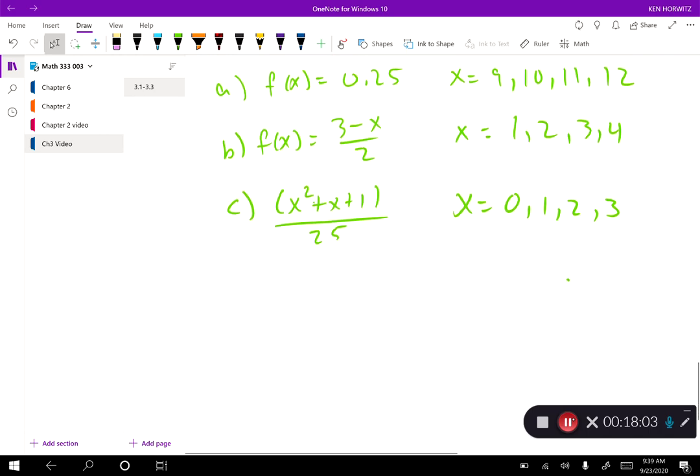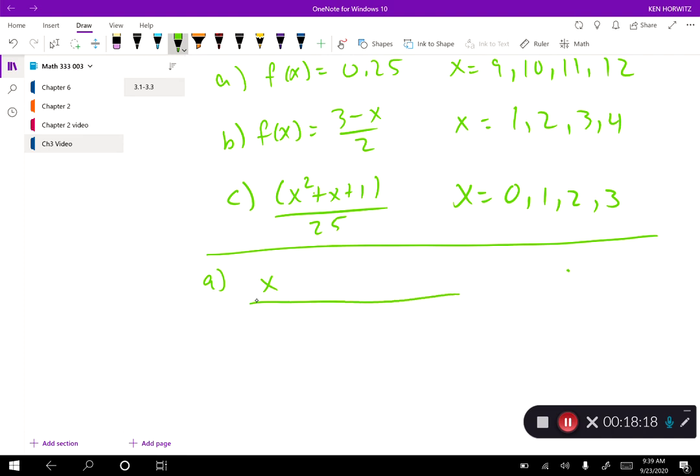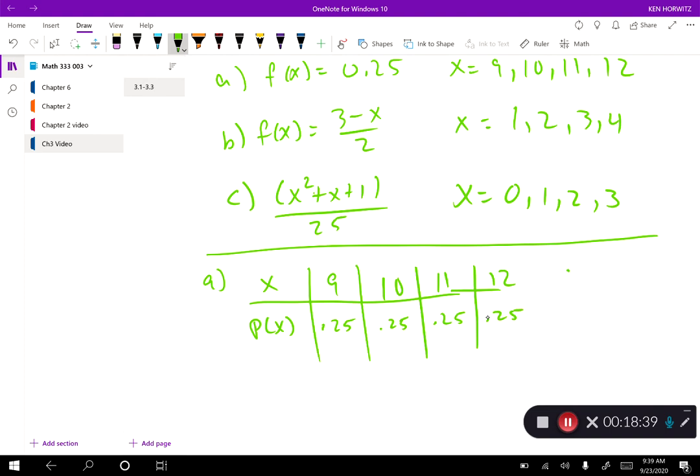All right, so hopefully you paused the video and we can take a look. Now, in order to be a probability distribution, let's take a look at all three of them. So let's look at A. So I have x and p of x. So x is 9, 10, 11, 12. And p of x is 0.25, 0.25, 0.25, 0.25.